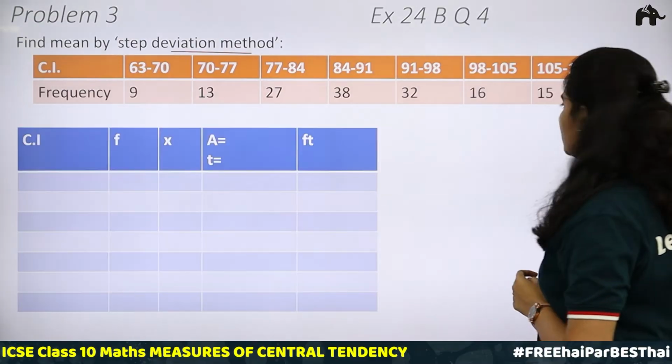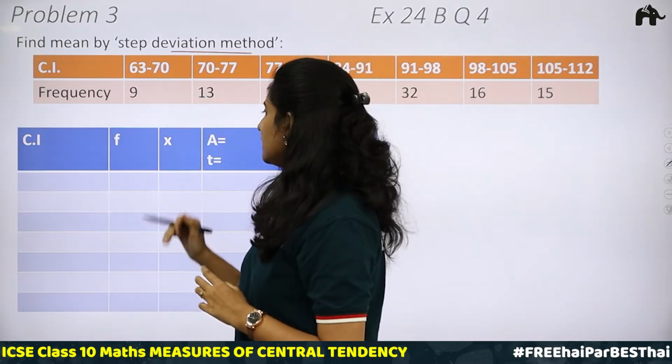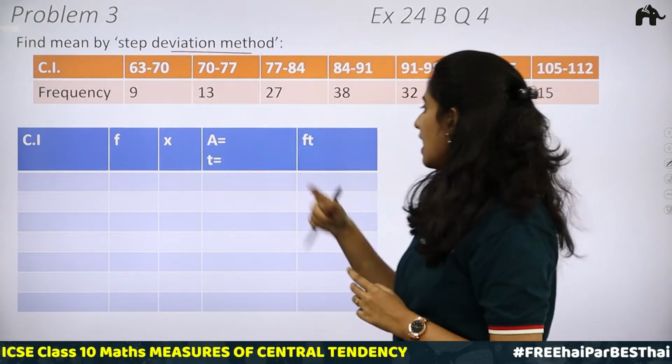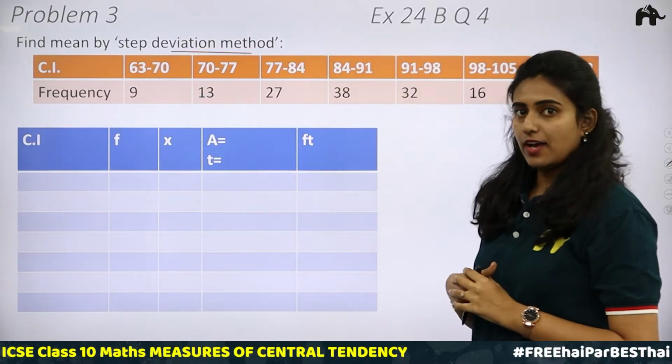Okay, so let's construct the table. In the table, you need the class interval, frequency, mid value x, assumed mean, then t, and we have to find ft.